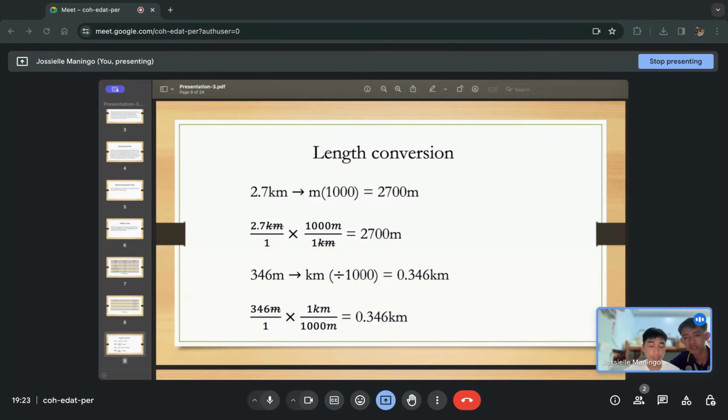If using the formula, it is the same process, cancel out the meter, and we get 0.346 km.